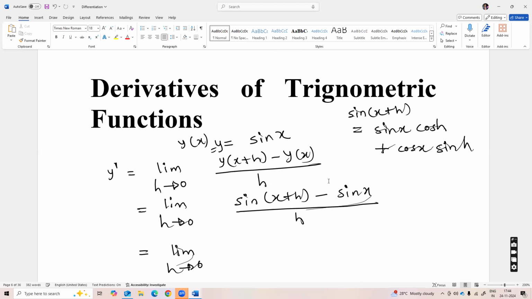Yesterday we also saw one more concept: when theta tends to 0, sin theta is equal to theta, tan theta is equal to theta, and cos theta is equal to 1. As we know, here h tends to 0.